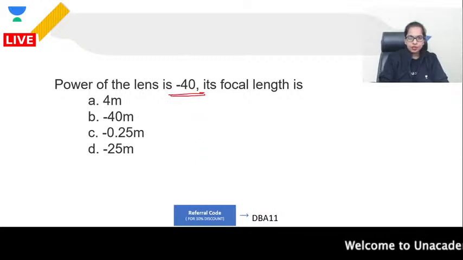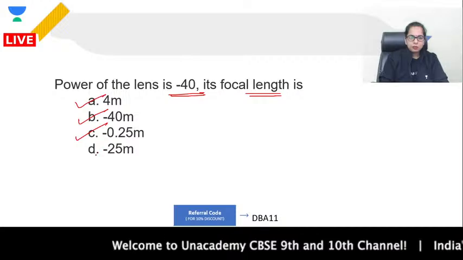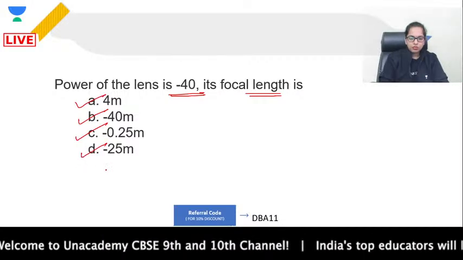Power of the lens is 40. What is the focal length? 4 meters, minus 40, minus 0.25, or minus 25?